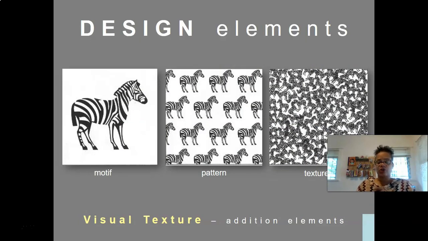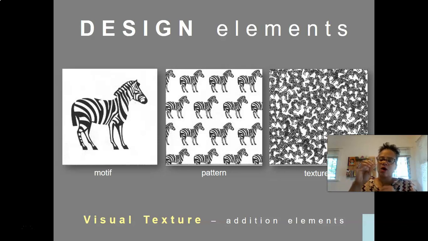So visual texture. So there are two types of texture in design. One is visual, one is real. So visual texture is that I really have a flat image. But when I start to look at the texture or look at the textile or wallpaper or whatever, it starts to feel as if it's a texture. So it always starts with the motif. In this case, it's my zebra. And then it'll move into a pattern, right, which is regular rhythm and repetition.